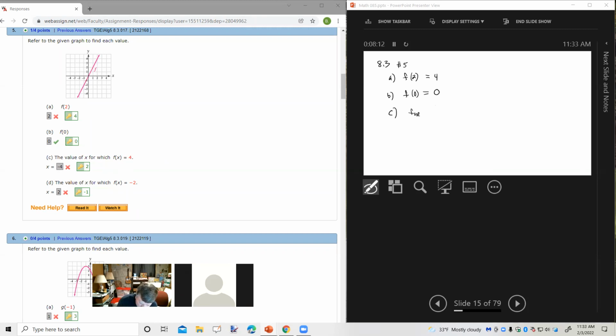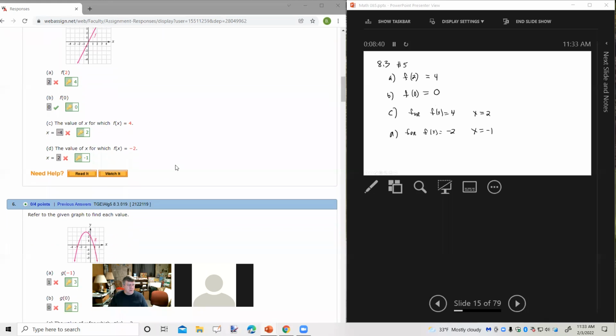So for f of x equals 4, we'll say that x equals 2. Okay. Part D, for f of x equals -2. Now y is -2 right there when x is -1. Any questions on this problem?